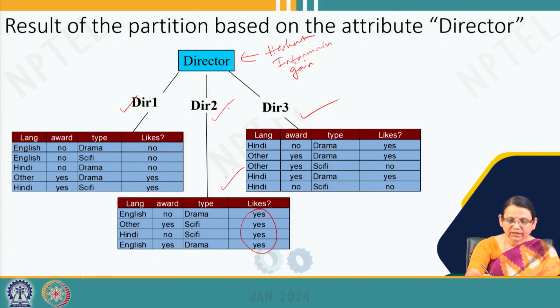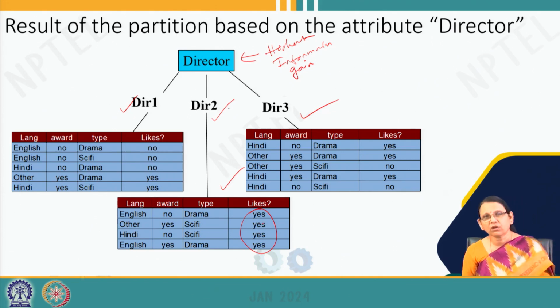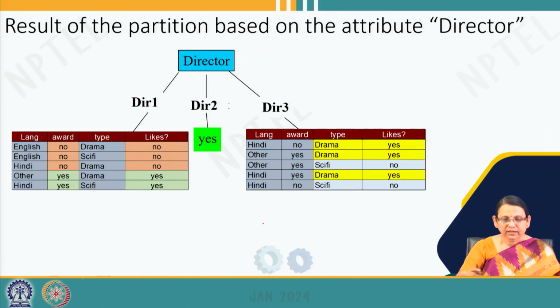Now, with respect to director 2, this person has seen all the movies. So, in future, if a movie comes with respect to director 2, it is going to be recommended. Okay, so moving ahead, here there is no need to go further. So, our stopping criteria is met.